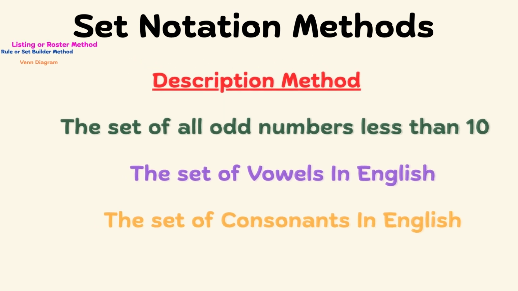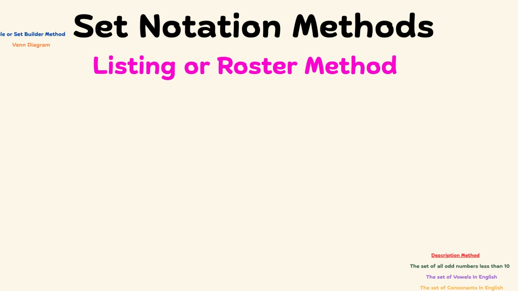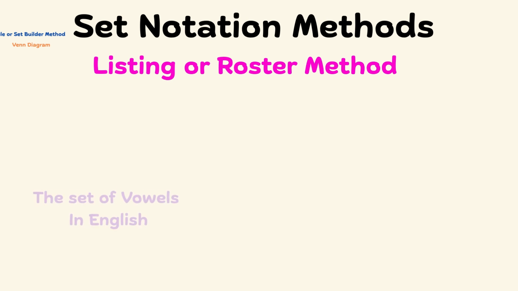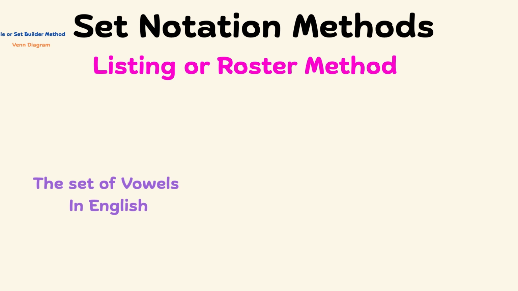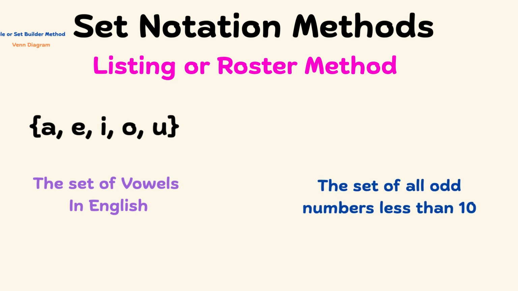The second method, which is the listing or roster method, is where we list out each element clearly separated by commas. As the name implies, you list them with commas. So for example, if we wanted to write the set of vowels in the English language, we would write A, E, I, O, and U. You can write a set of odd numbers from 1 to 10.